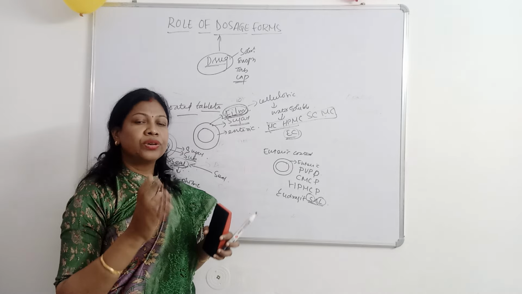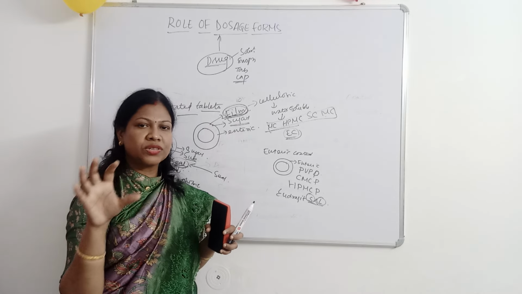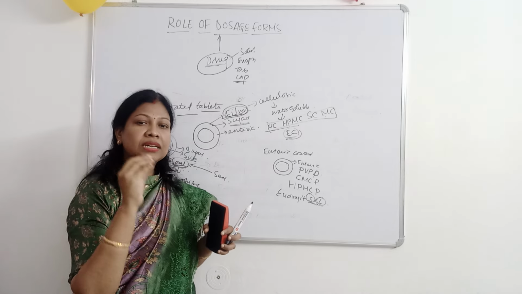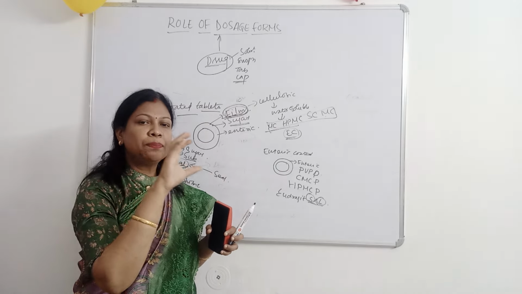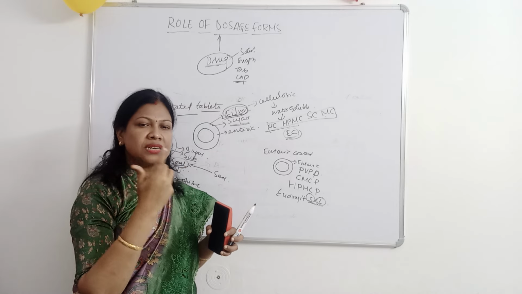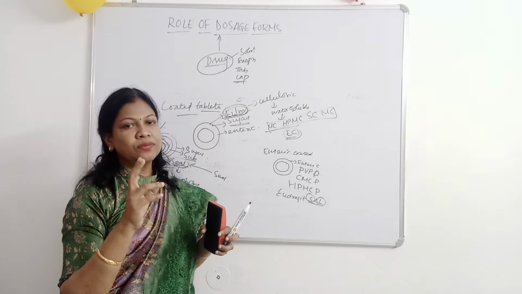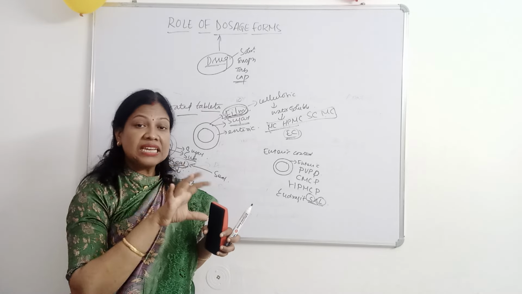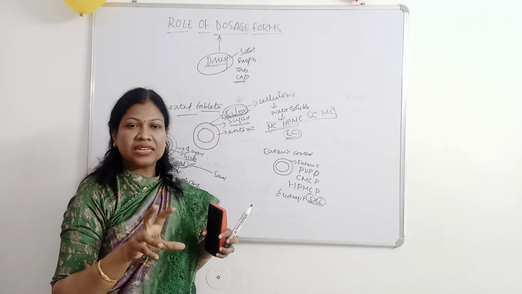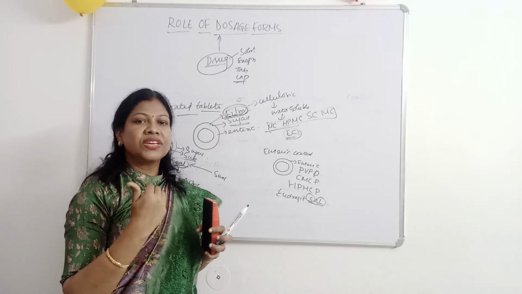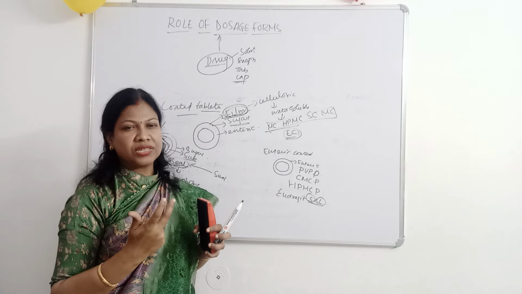Then, if the drug has a narrow absorption window, what does it mean? Narrow absorption window means the drug is absorbed only in part of the GIT. Sometimes the drug will be absorbed only in the stomach, or sometimes only in the intestine. When the drug is absorbed only in the intestine, why release the drug in the stomach? So in that case, we can go for enteric coated formulations.